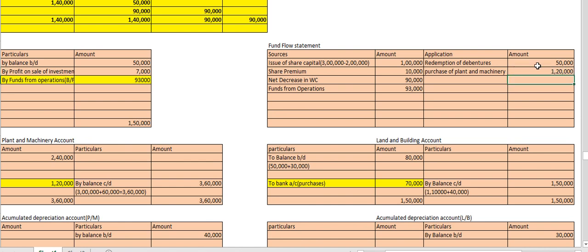And in your land and building, again you have purchases, which is the balancing figure. Again it will be shown as outflow of funds, hence under application of funds. Purchase of land and building is 70,000.